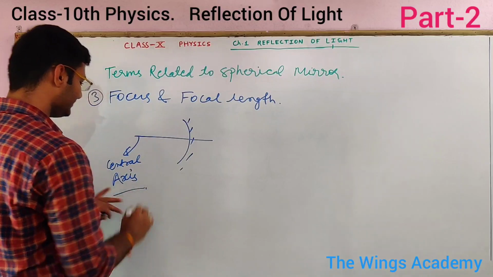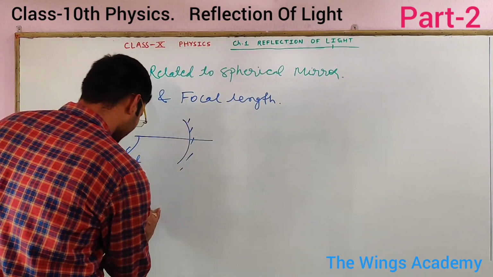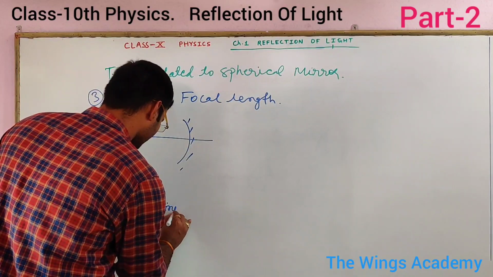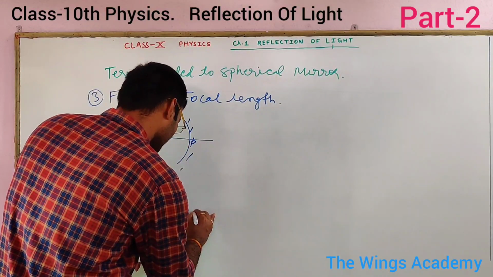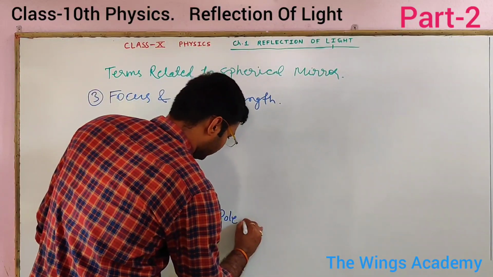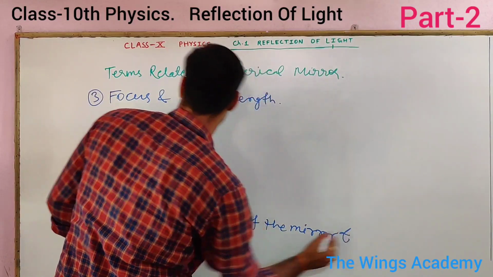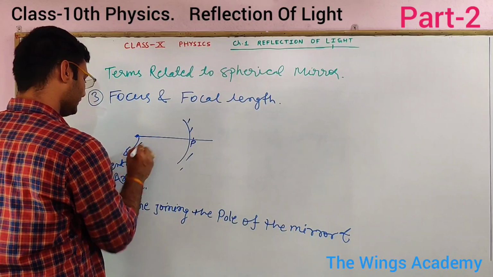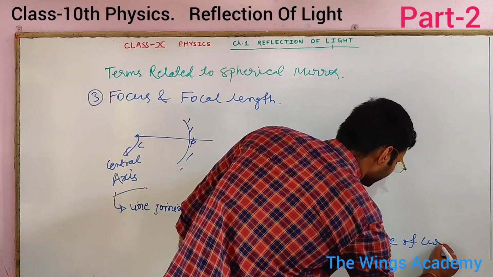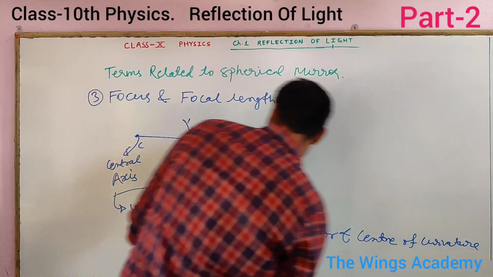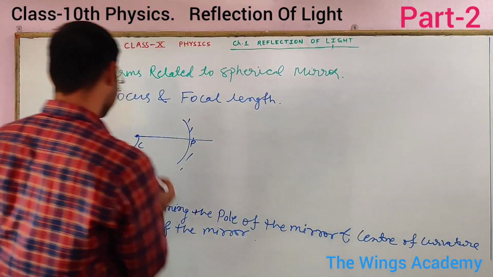Central axis is defined as the line joining the pole of the mirror and the center of curvature of the mirror. So this is our central axis.